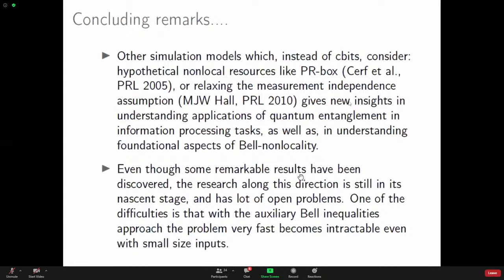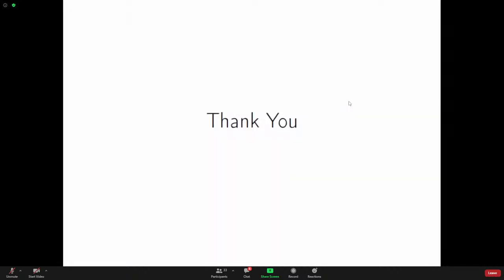So even though some remarkable results have been discovered, I just want to highlight that research along this direction is still at a very early stage and has a lot of open problems. One of the difficulties is that with the auxiliary Bell inequality approach, the problem very fast becomes intractable, even with small size input. I thank you for listening, and I'll be happy to answer if there are any questions.